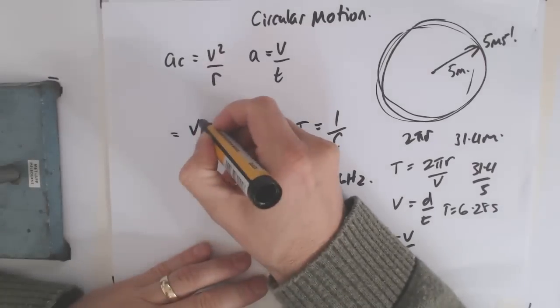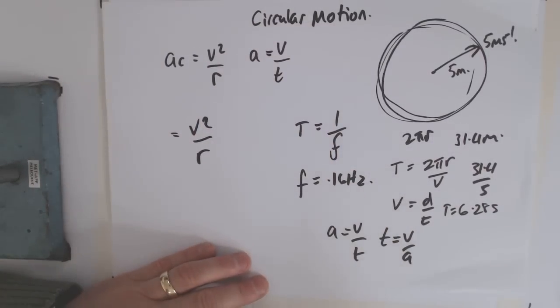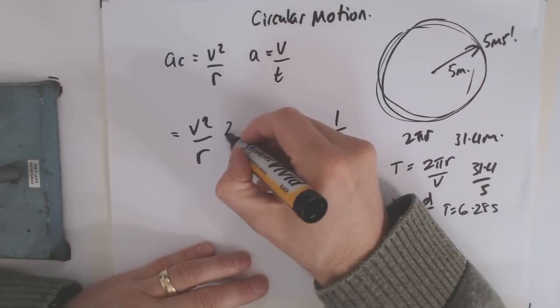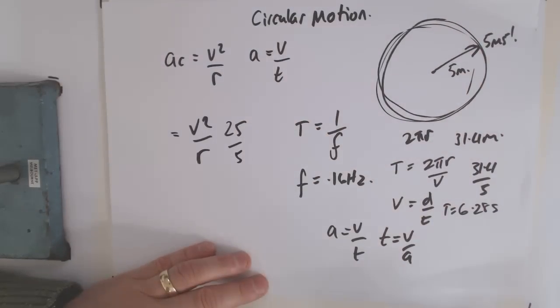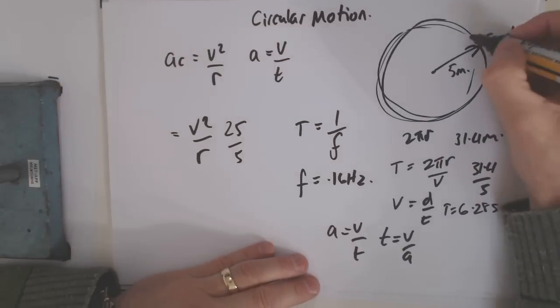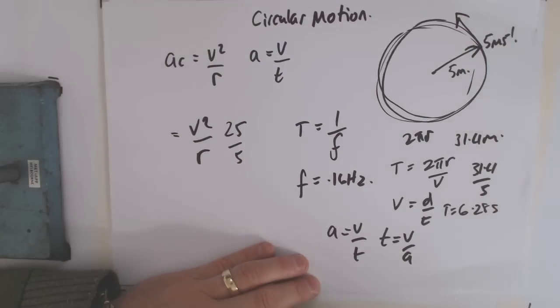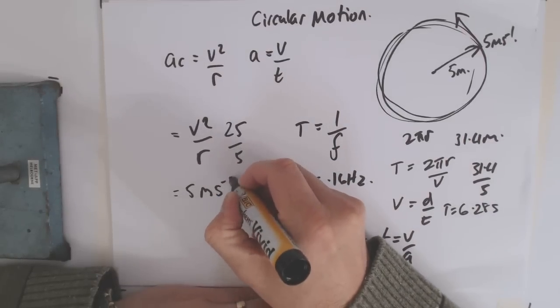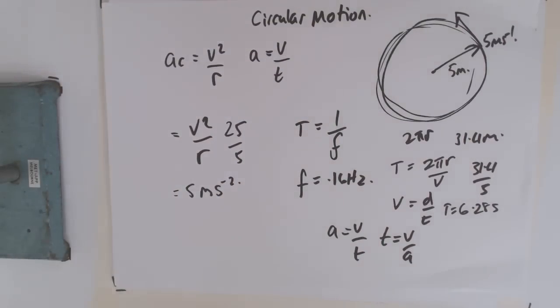Well, it's v squared over r, which is 5 squared, that's our v, 25 divided by 5. Our velocity is 5 meters per second, our radius is 5. So it's 25 divided by 5 equals 5 meters per second per second. So that's our centripetal acceleration.